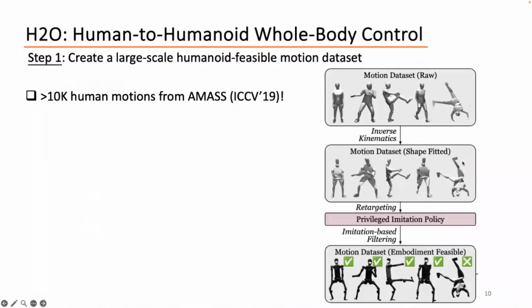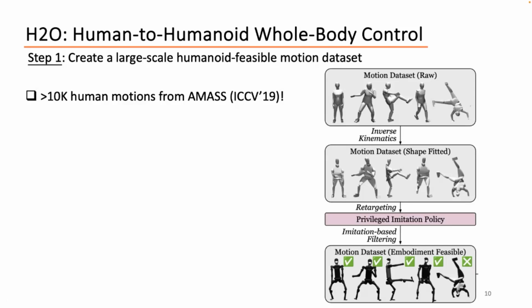Okay, how it works. So as I said, it's Sim2Real 2.0 from a large-scale humanoid motion dataset. So there are 2 steps. Step 1 is we need to create a large-scale humanoid-feasible motion dataset. Because at that time, like 2 years ago, this thing didn't exist, right? A humanoid motion dataset.